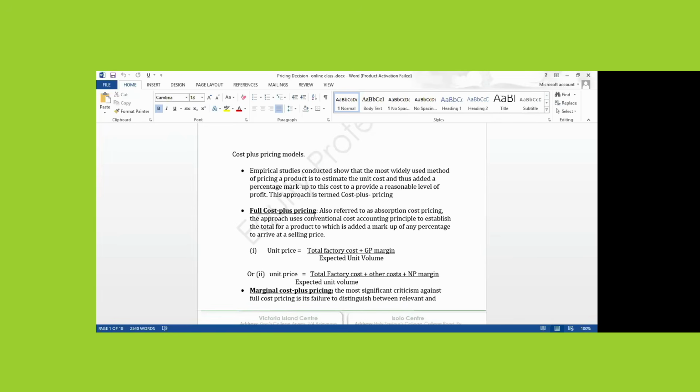All right. Let me take full cost plus pricing method. We said this method is referred to as absorption cost plus pricing method.